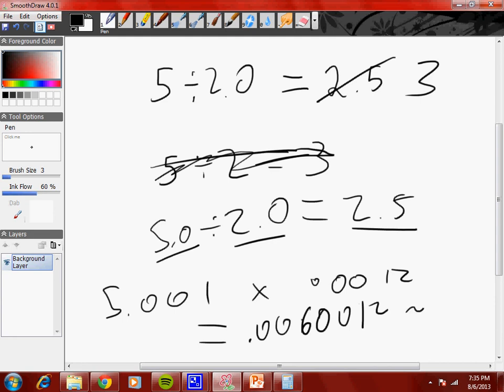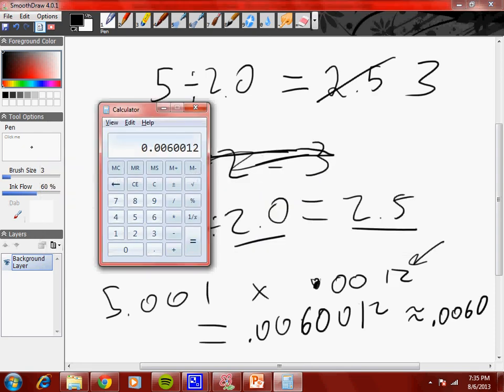The result is 0.0060012. Anyways, our solution needs to be 0.0060, because this has 2 significant figures, and so does this one.